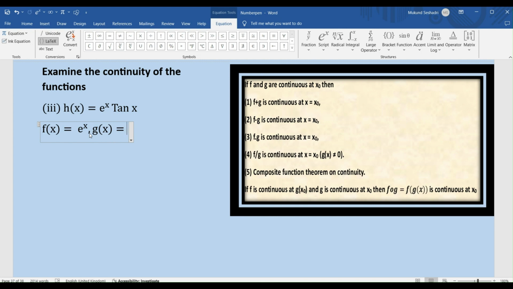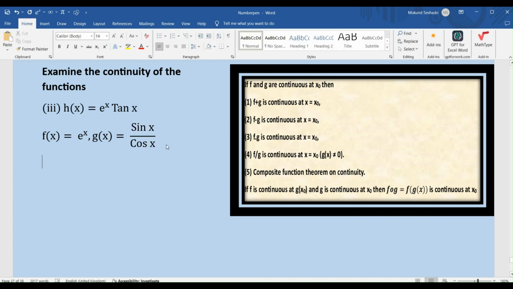Can I write this as sine of x divided by cos of x? I'm going to write it that way. Let's treat f of x separately and examine whether this particular function is continuous.